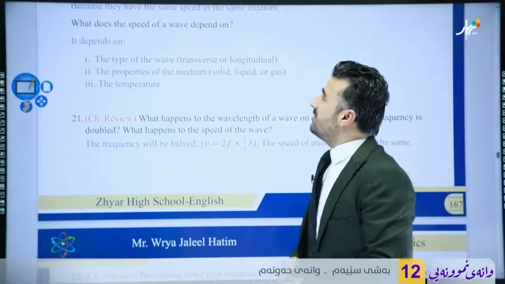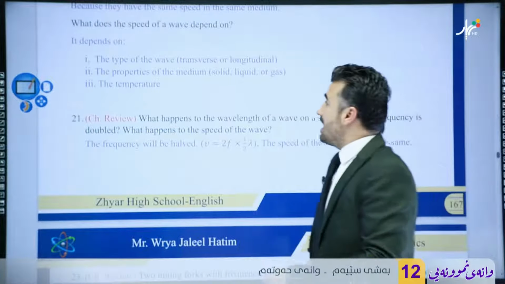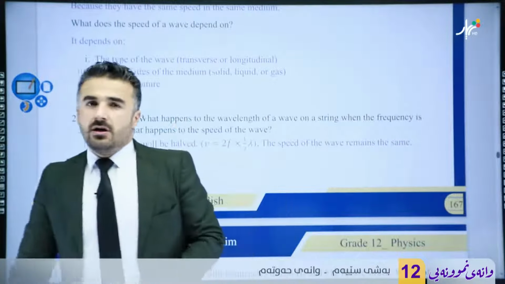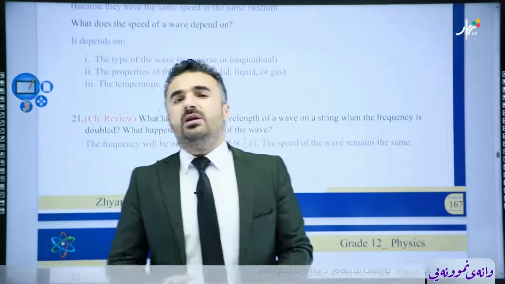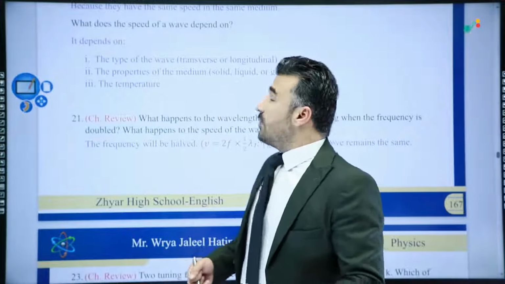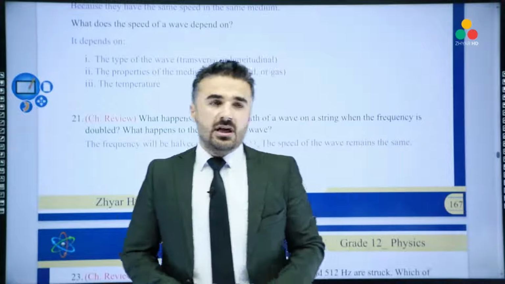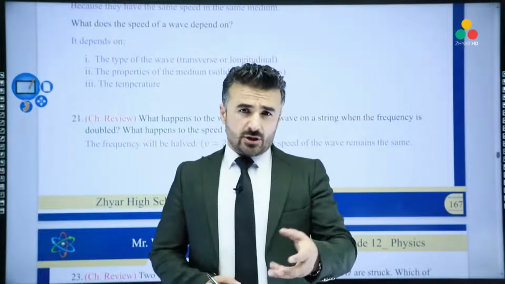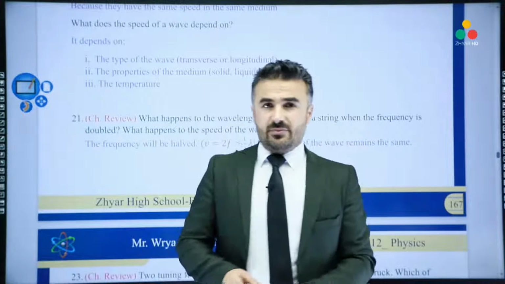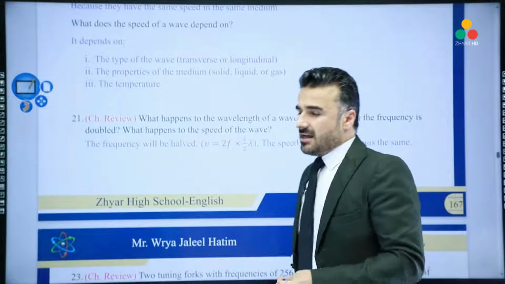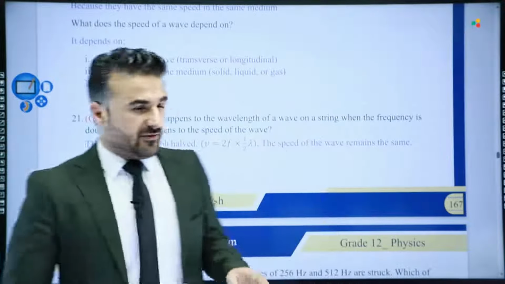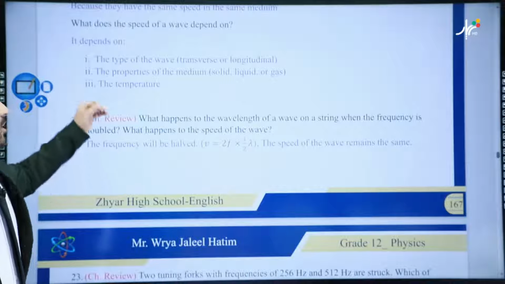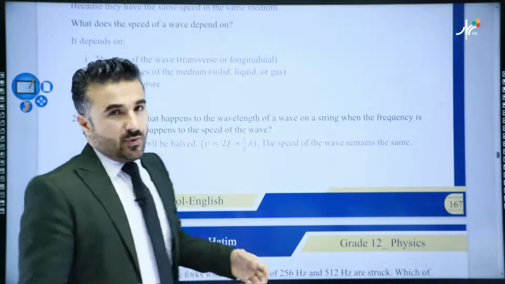Now, what does the speed of a wave depend on? This question could be a little bit tricky, but let me simplify this for you. The speed of a wave depends on different factors. The first one: we have to know the type of the wave.